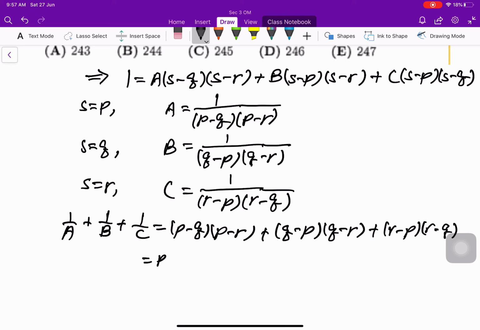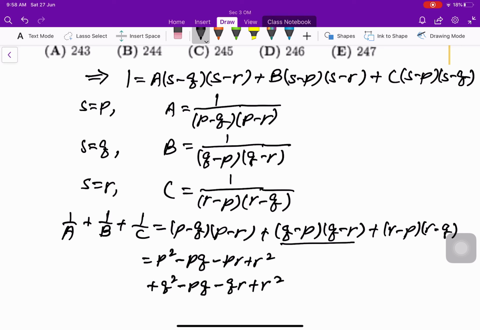That means you will get P squared, then minus PQ, minus PR, and then plus your R squared. Then let's look at the second expansion. That will be just equal to Q squared minus PQ minus QR, and then plus your R squared.